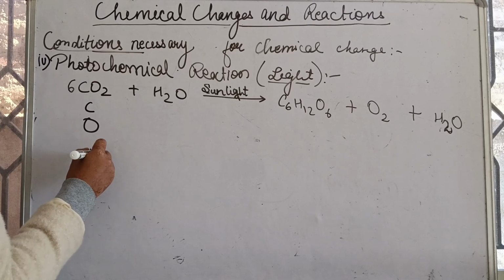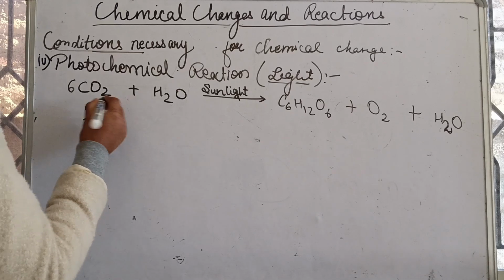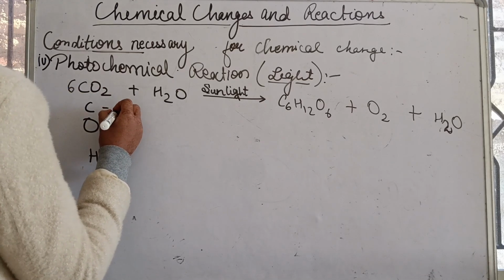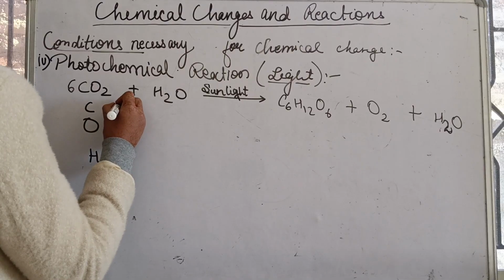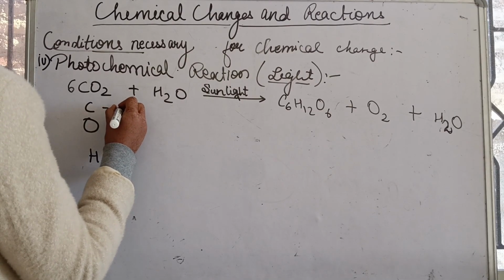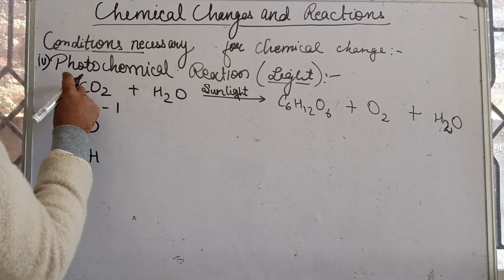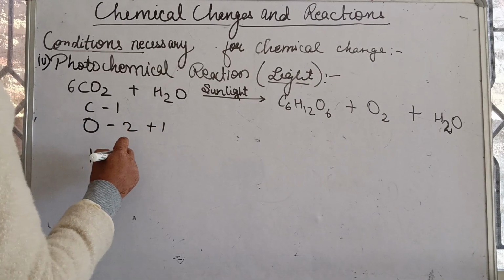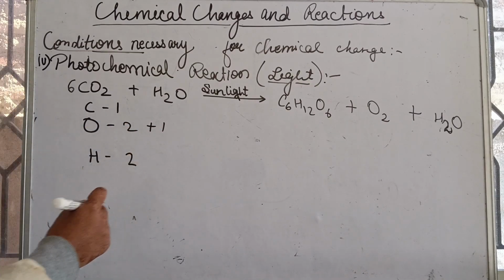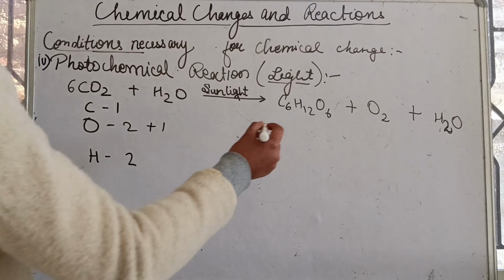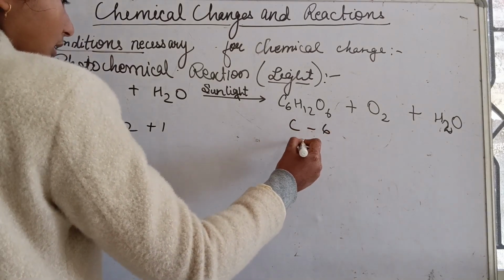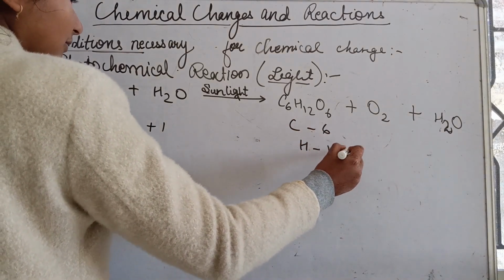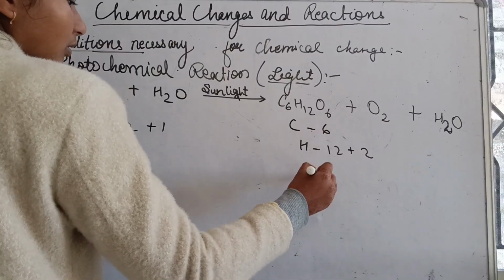CO2: your C is 1, your O is 2. Your C is 6, H is 12 plus O is 6.